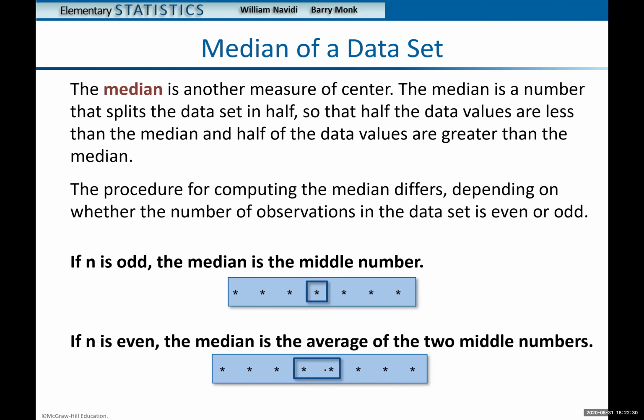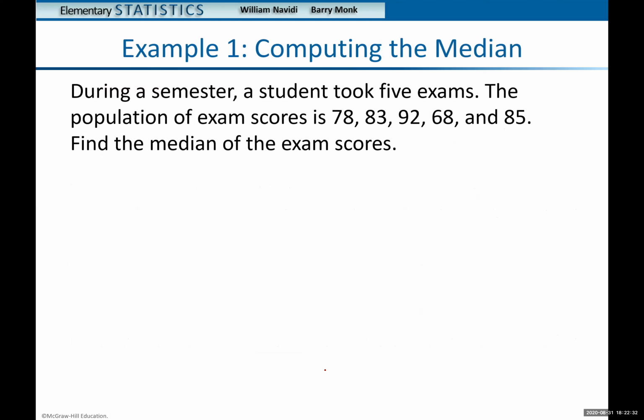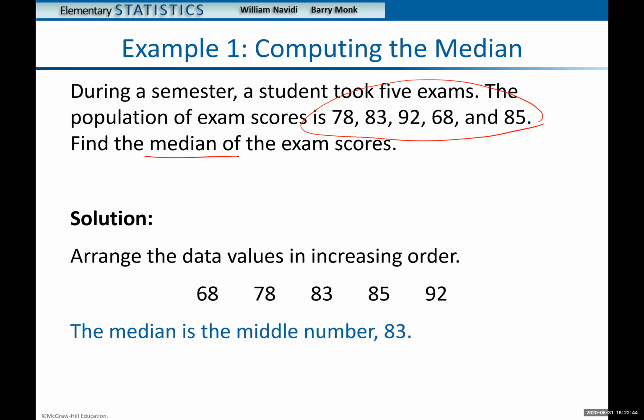So just like an example here, using the same exam scores, 78, 83, 92, 68, and 85, find the median. I mentioned earlier that you have to arrange them in order first. So in increasing order, the lowest exam score is 68, then 78, 83, 85, and 92.